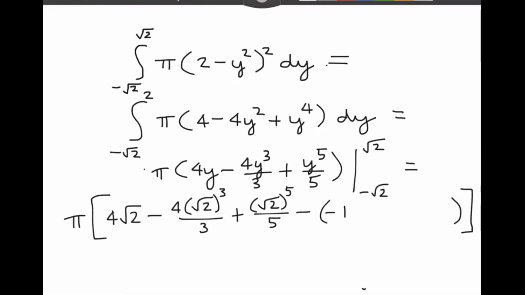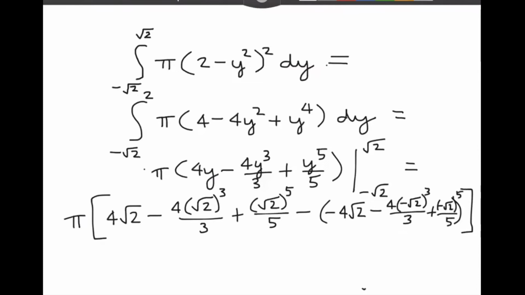So that'll be negative 4 root 2, minus 4 times negative root 2 cubed over 3, plus negative root 2 to the fifth over 5.